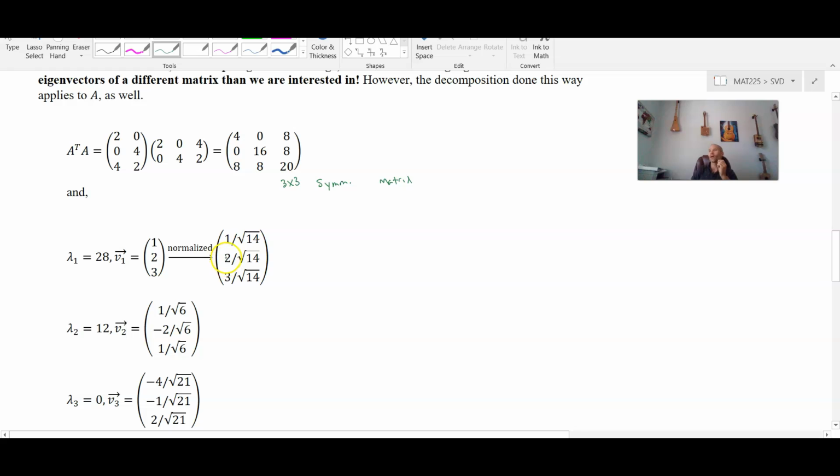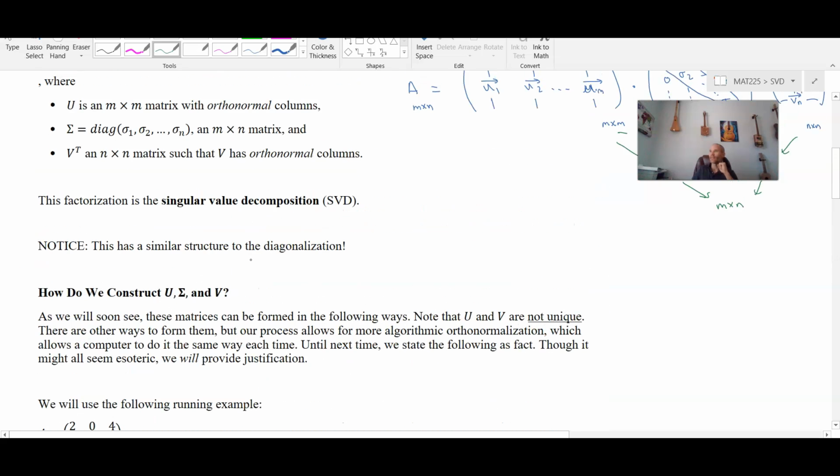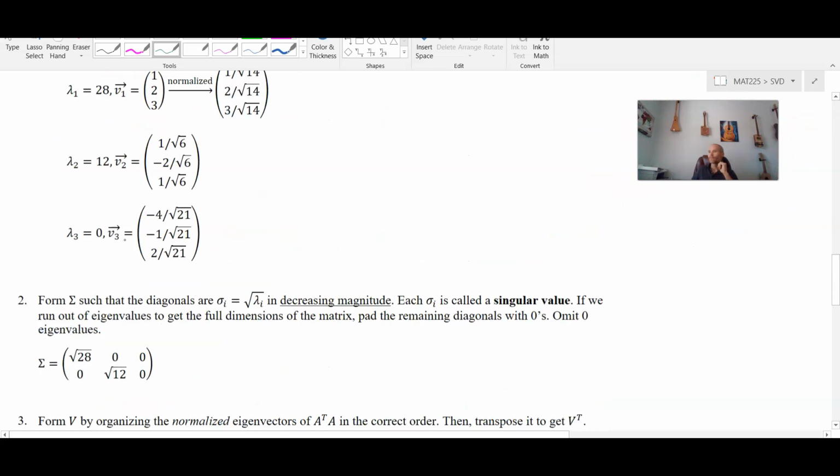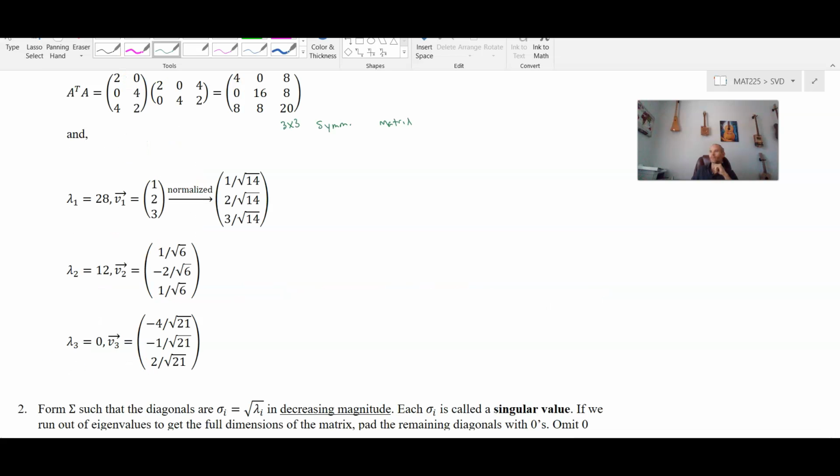And I'm going to normalize them, because they are going to constitute our V matrix, which we stated is going to have orthonormal columns. I think I said that these are going to go into U. They're actually going to go into V.